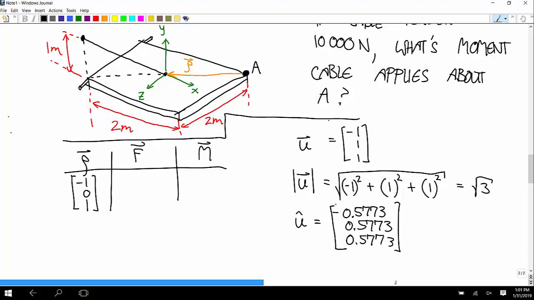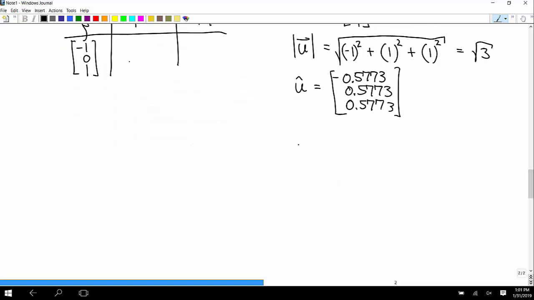Now the force vector is just 10,000 times that. So we have negative 5773, positive 5773, positive 5773.